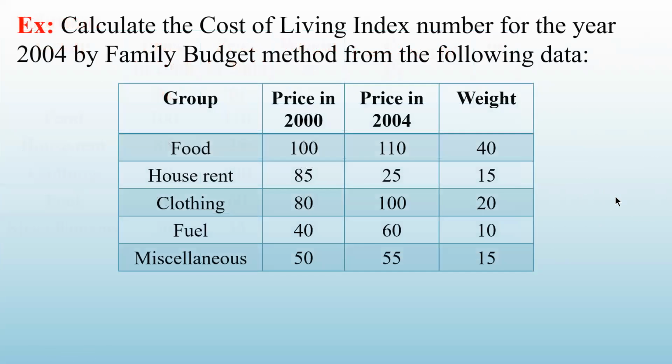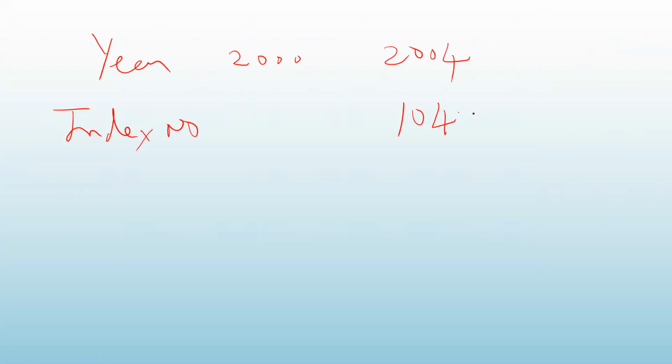Let us write it down here, 104.91. Okay, now let us try to understand what is the meaning of that. See, this is my base year and this is the current year. So cost of living index number for the year 2004 is 104.91 as compared to the base year 2000.